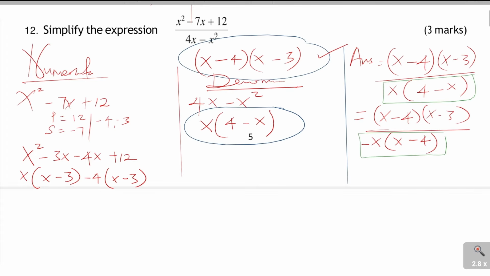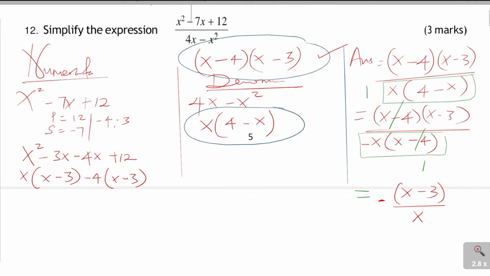Now, when you look at the numerator and the denominator, you find that x minus 4 is common in the numerator and the denominator. So you can divide that one out like that, and you remain with x subtract 3. And this one, you can put the negative there. So you have negative x.